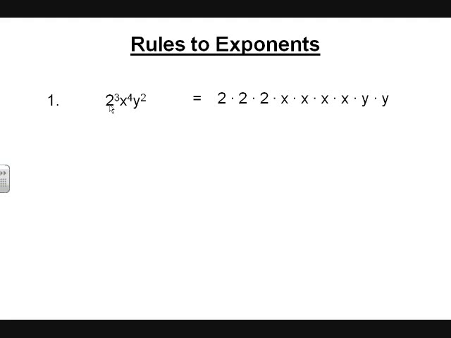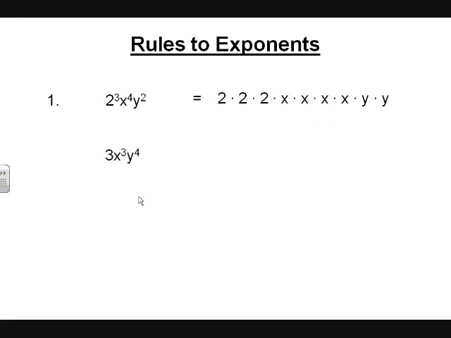And so in this case, 2 is a base, x is a base, and y is a base. The exponents tell us to multiply the base by itself this many times. So 2 was multiplied by itself 3 times. X was multiplied by itself 4 times, and y by itself 2 times. And the result was this right here.